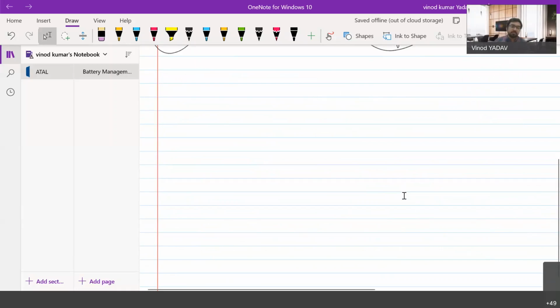But before that, how does this battery management system basically work? To understand that, let me draw the schematic. Suppose I take a battery pack, a lithium ion battery pack. Let's say it is 3s1p, three cells in series.